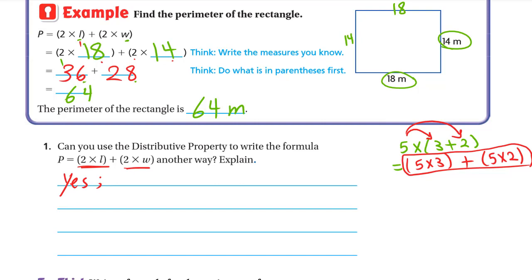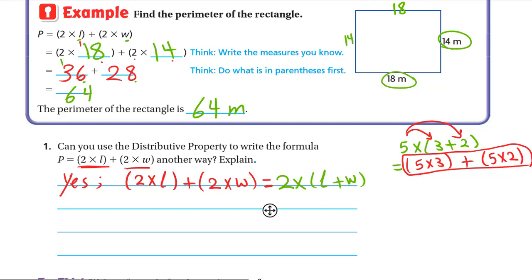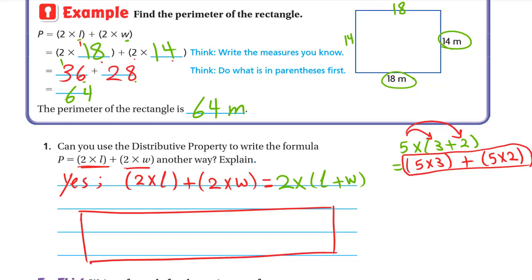And how? We have 2 multiply L plus 2 multiply W is the same as 2 multiply, and inside the parentheses I write L plus W. So we can have a new rule here, which is P, the perimeter, equals 2 multiply L plus W. So you can add the length and width and then multiply it by 2.